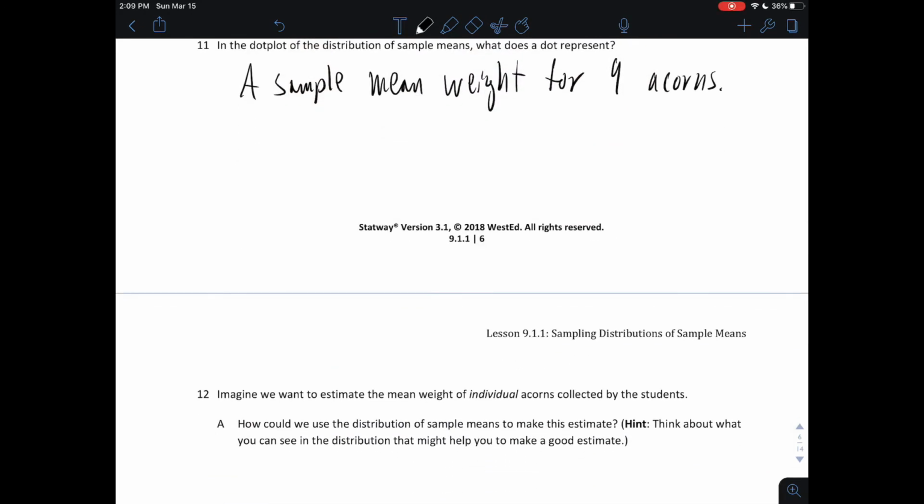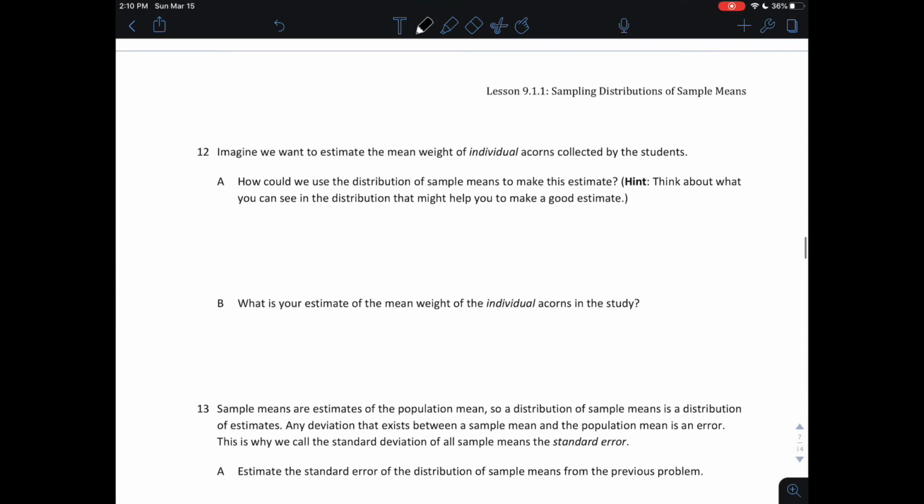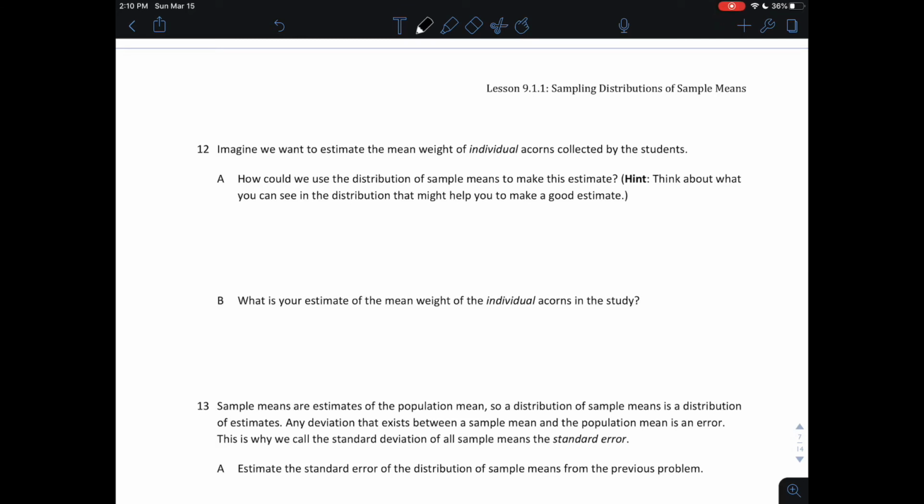Number 12. Imagine we want to estimate the mean weight of individual acorns collected by the students. Part A. How could we use the distribution of sample means to make this estimate? Hint, think about what you can see in the distribution that might help you make a good estimate. So again, just like we've seen before, how about we use the center of the distribution?